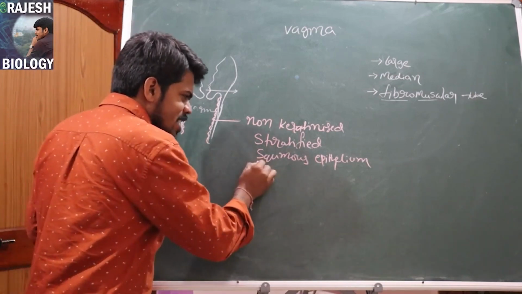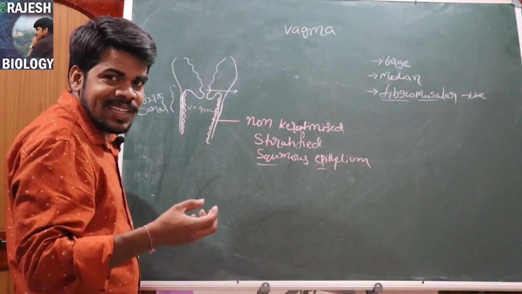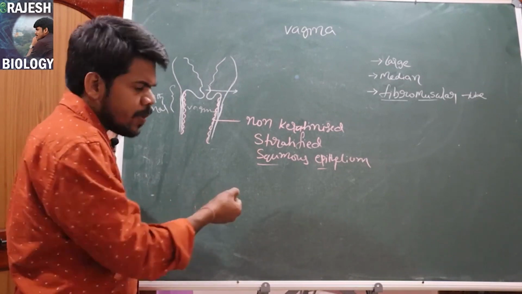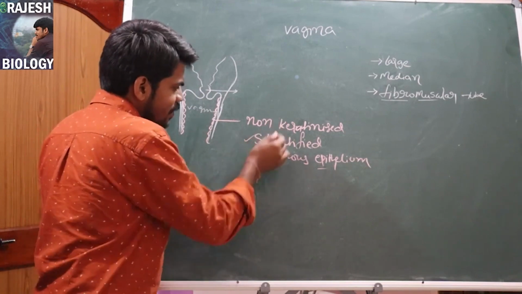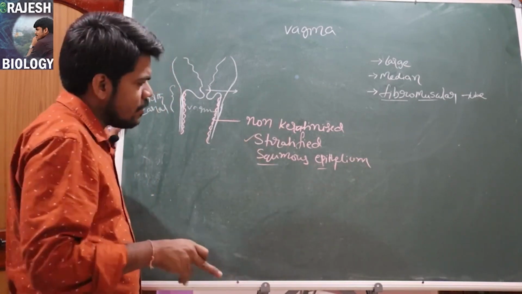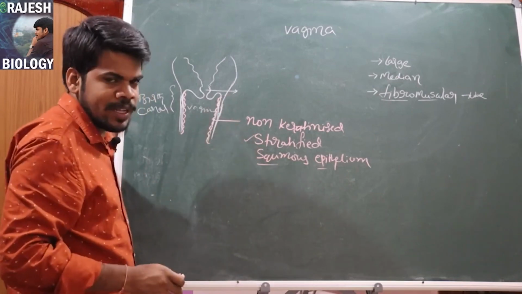You already know what squamous epithelium means: tile-like cells. Our skin is also made of stratified squamous epithelium. Stratified means so many layers, so here also many layers of squamous epithelium are present.